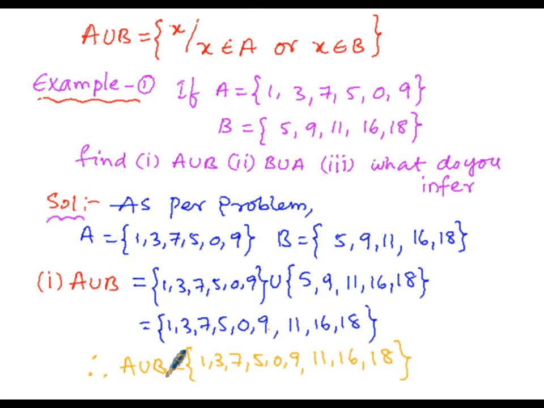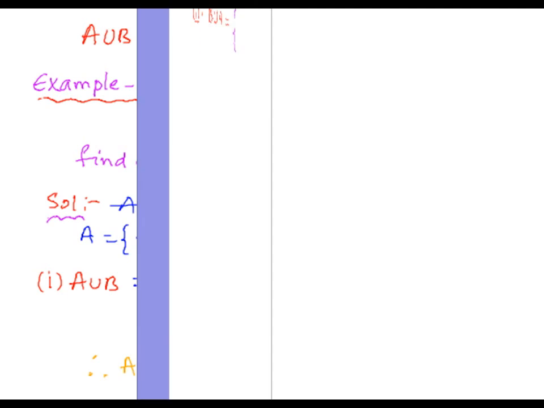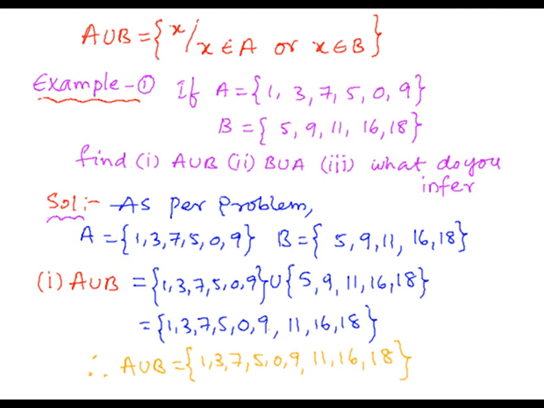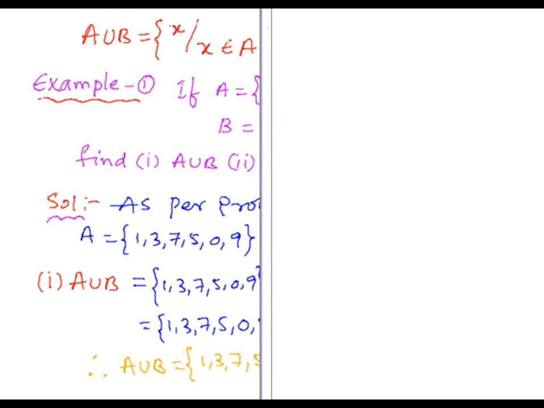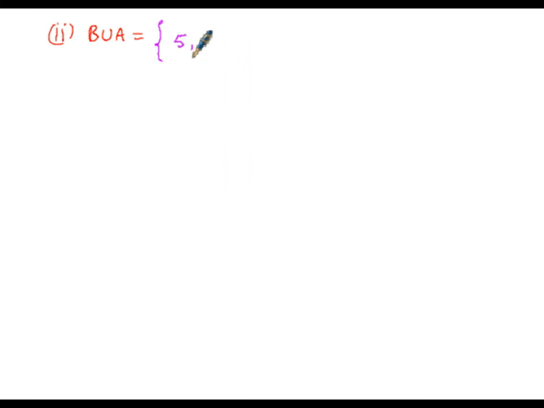In a similar manner, we are going to find B union A. That is case number 2. B union A equals, set B elements are 5, 9, 11, 16 and 18.